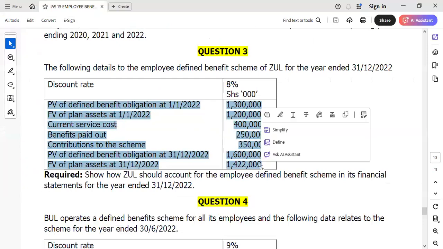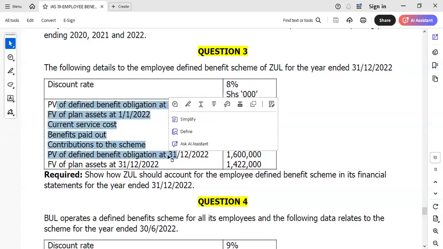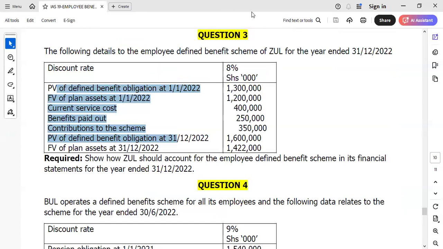Remember, if it is a consolidated statement of financial position, you should know after all your working what should appear in the balance sheet. If it is a consolidated statement of profit or loss and other comprehensive income, from your working you should know what should appear in that consolidated profit or loss. So it's from your working.